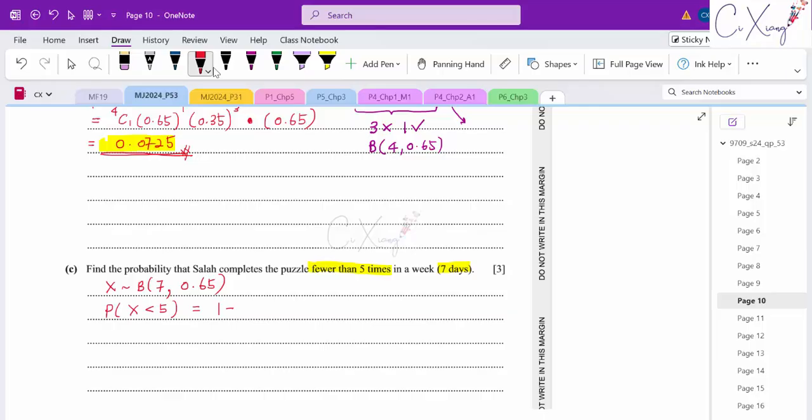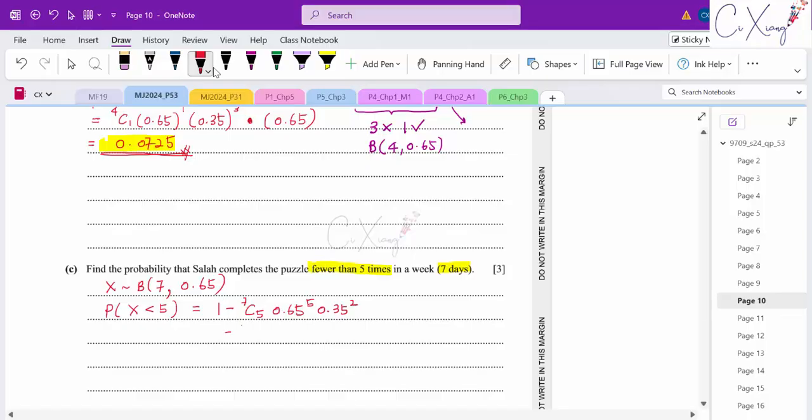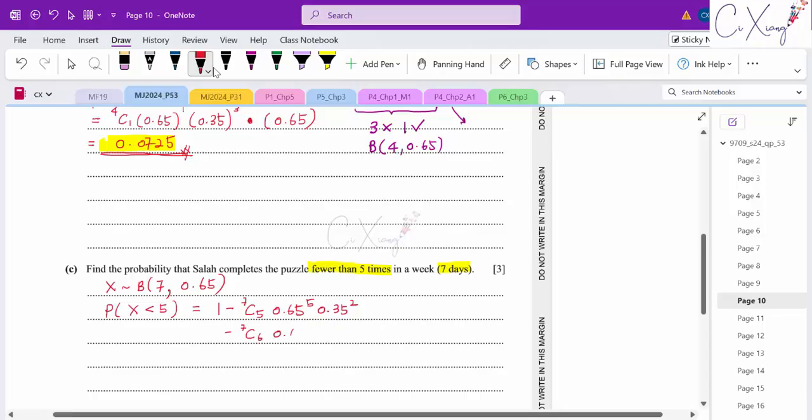So X equals 5 is nCr, so 7C5, 0.65 power 5, 0.35 power 2. Then minus X equals 6, so 7C6, then minus again 7C7.